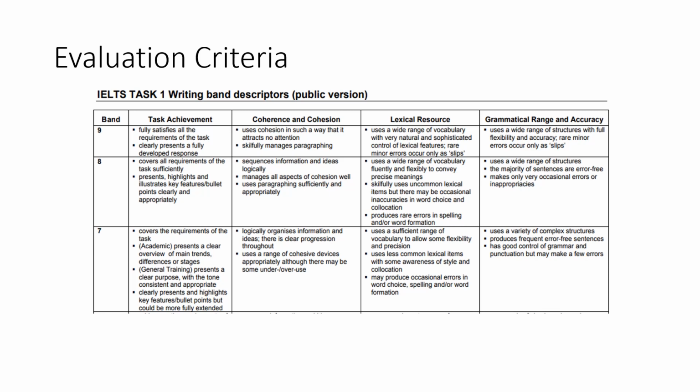Now, this is something very interesting to read. Uses cohesion in such a way that it attracts no attention, which means even if you read it casually, you understand it, which means it should be seamless, it should be very natural.